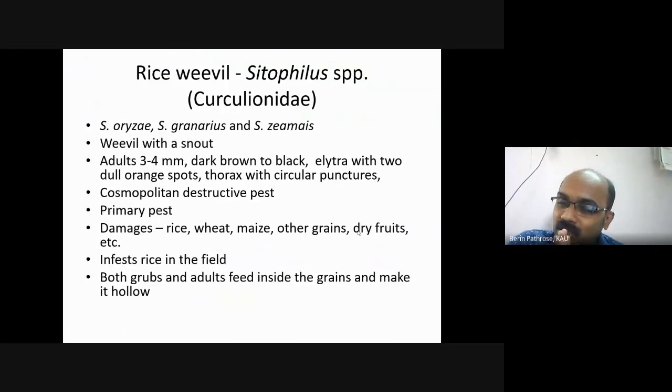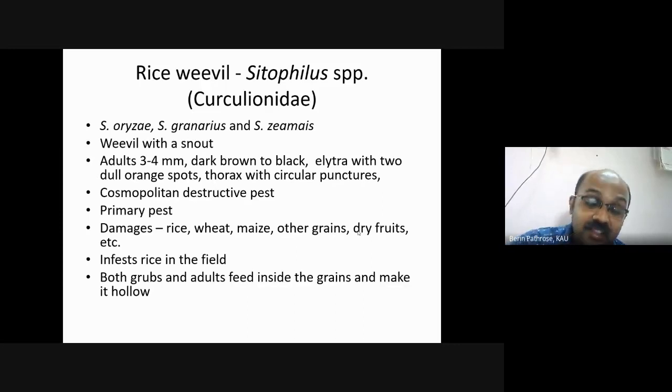Cosmopolitan means it is present all over the world, and it is a major pest of cereals. Though it attacks dry fruits, it's a major pest of cereals: rice, wheat, maize, etc. We have three species infesting stored grains: Sitophilus oryzae, zeamais, and granarius. I think Sitophilus oryzae is the only species in our country.